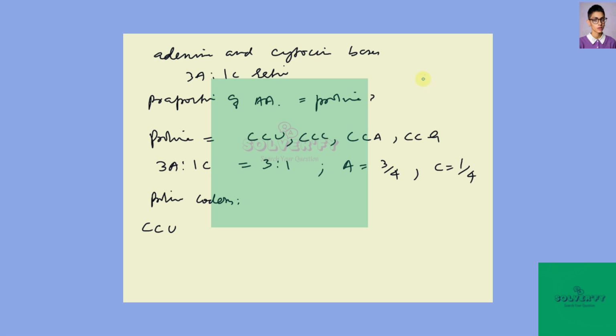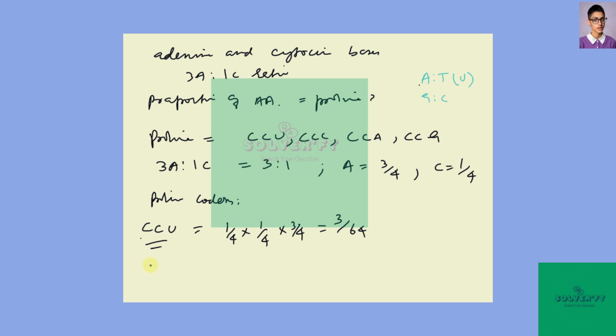Before that we must know that A pairs with T or U because it is an RNA polynucleotide, and G pairs with C. So the probability of the codon will be: probability of C is 1/4 times another 1/4, and the probability of U, since it is from the A ratio, is 3/4, which makes it 3 by 64 probability for this codon.